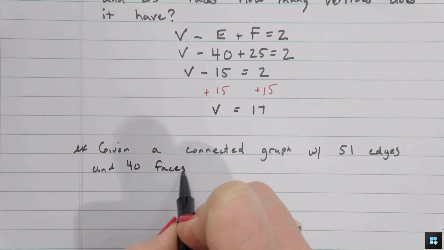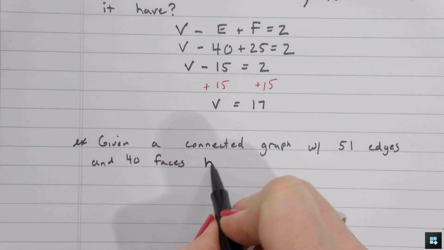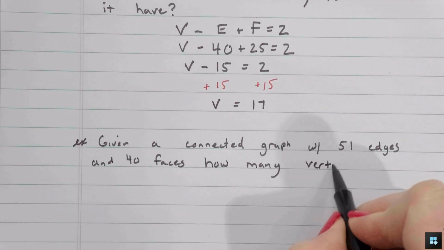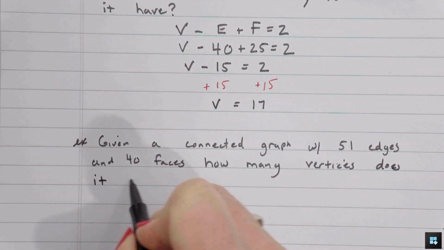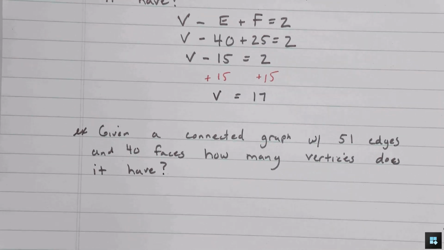Boy, aren't you glad you didn't have to count that many in your drawing? 51 edges and 40 faces. How many vertices does it have? So why don't you try this one, and I'll walk around and see how you're doing. And if you're stuck, raise your hand.